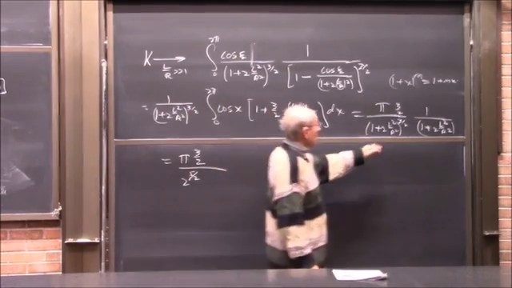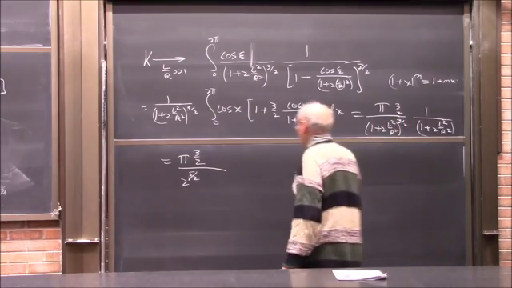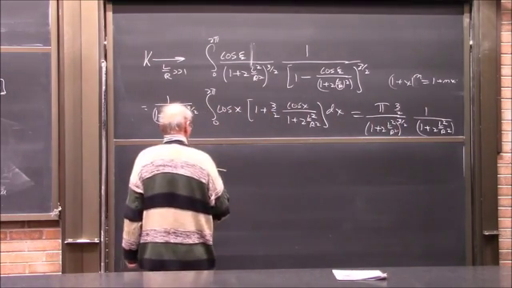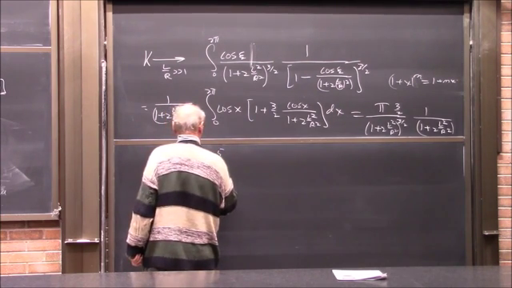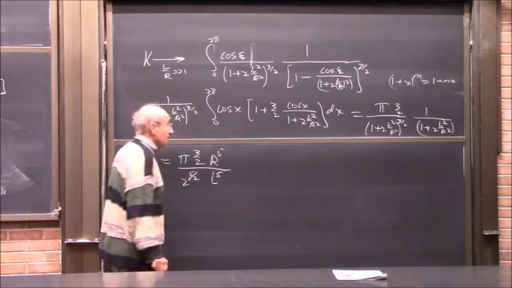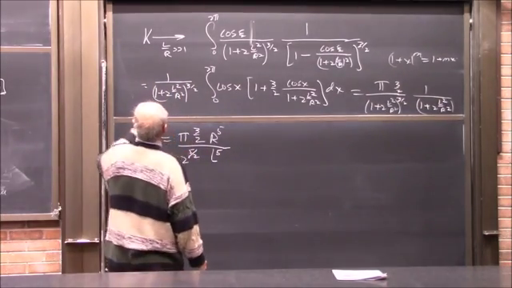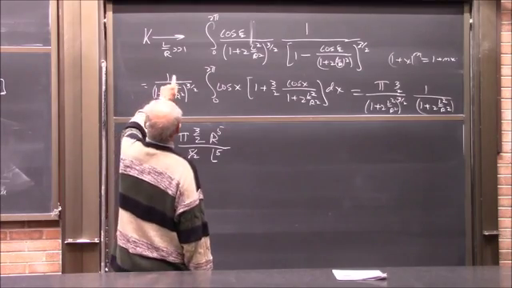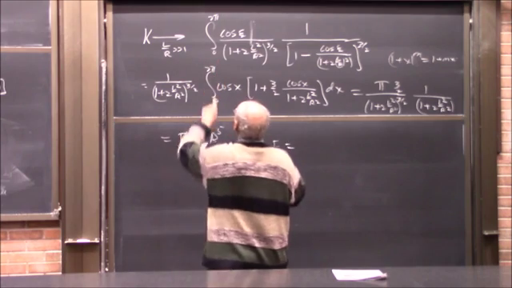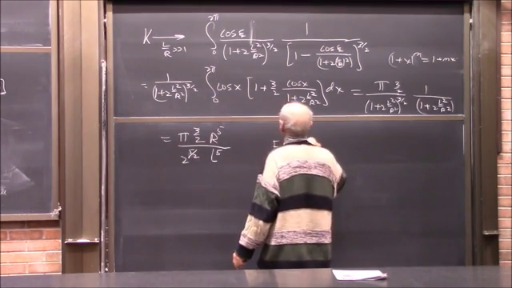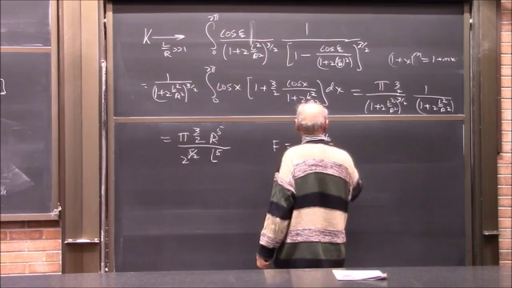And then we have L squared over R squared to the 5 halves, which means R to the 5th over L to the 5th.